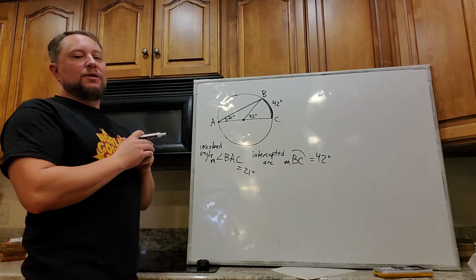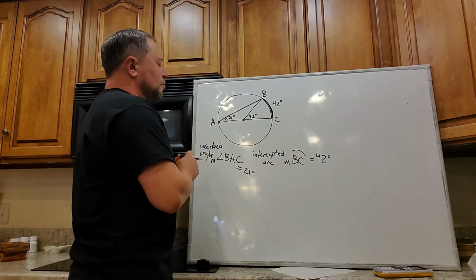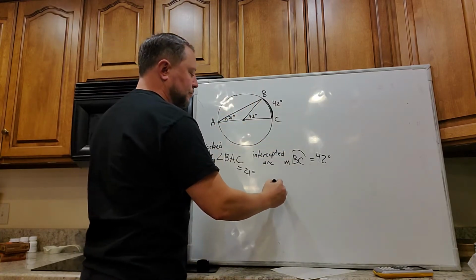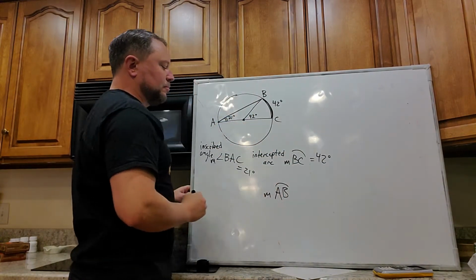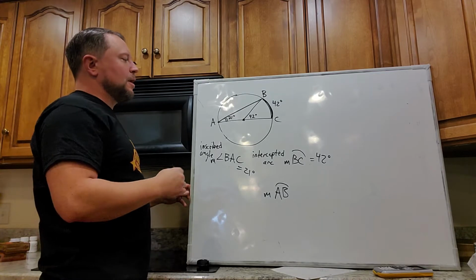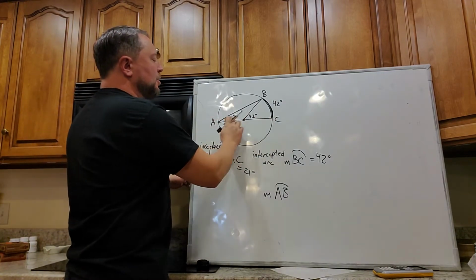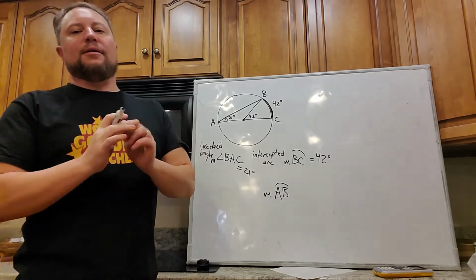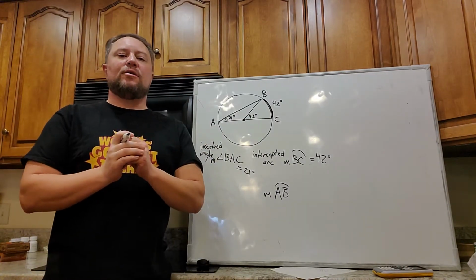Just as a little bonus question for this problem, what if I said, what's the measure of arc AB? Keep in mind, we did have a diameter, AC, that went right through the center. Diameters are your friend. Diameters always cut a circle in half.